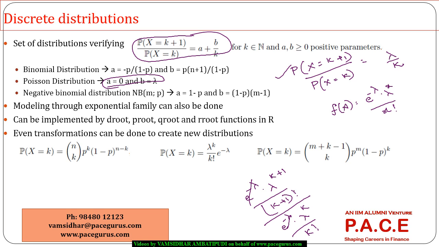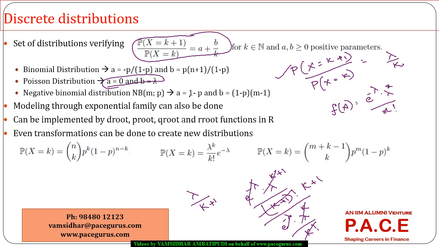If I simplify this, this is nothing but k+1, and this comes out to λ. So overall it comes out as λ/(k+1). Right? So you can very well simplify this way, where we can express one in terms of the other.